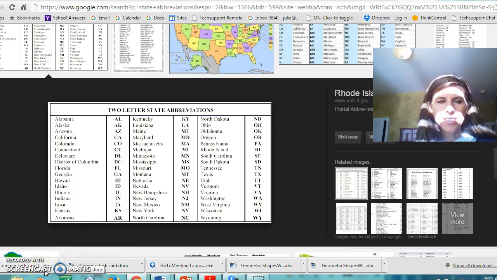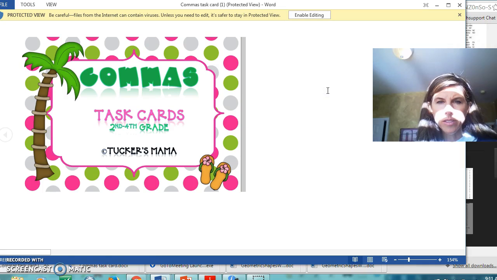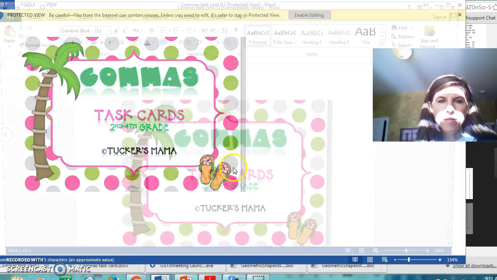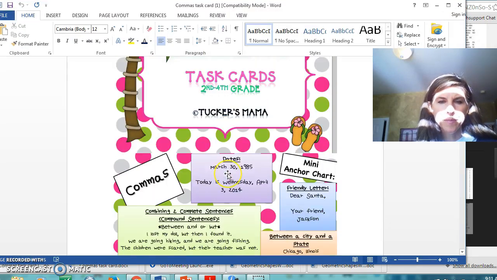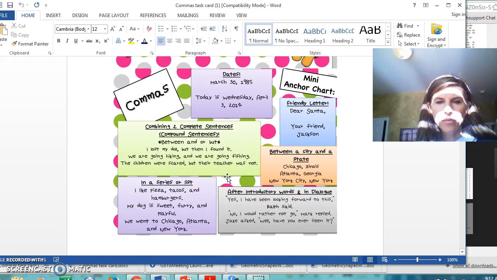All right, so the next thing that you will be working on is commas, and we've been working on these commas for the last several weeks. Here are the rules. We have combining 2 complete sentences. Compound sentences is what they are called. You put a comma between the sentences before and or but.